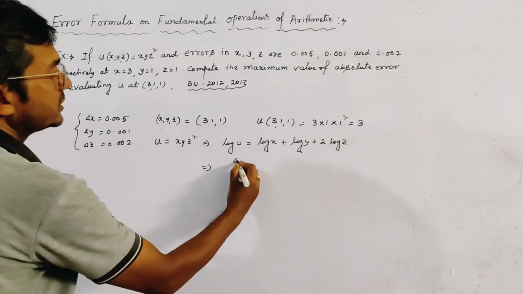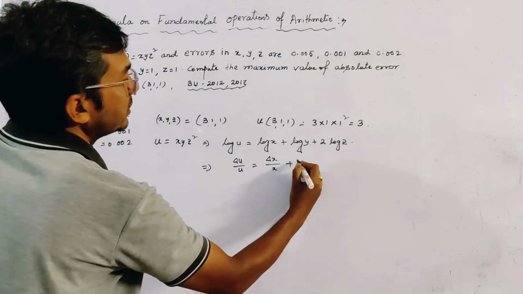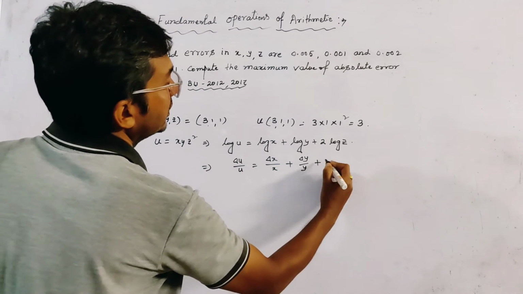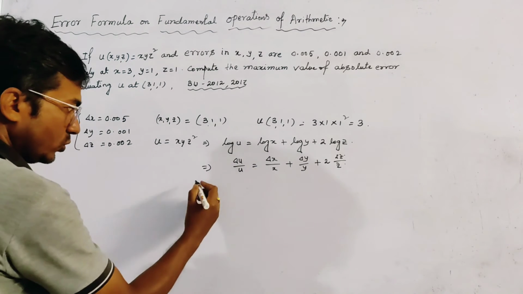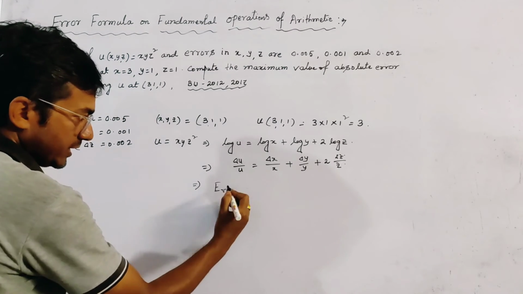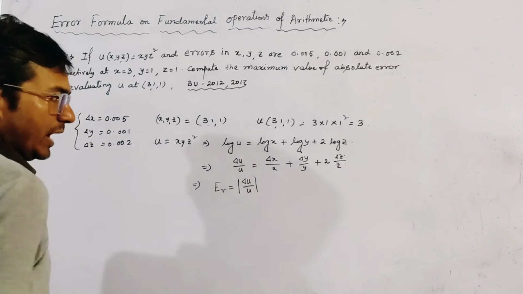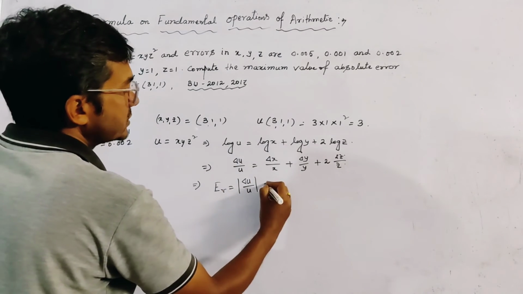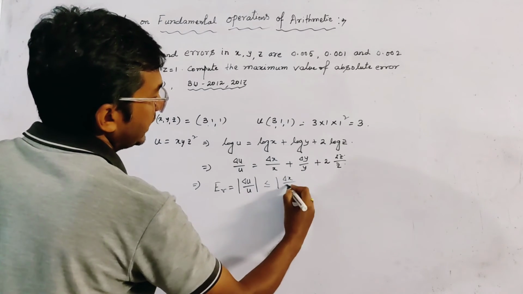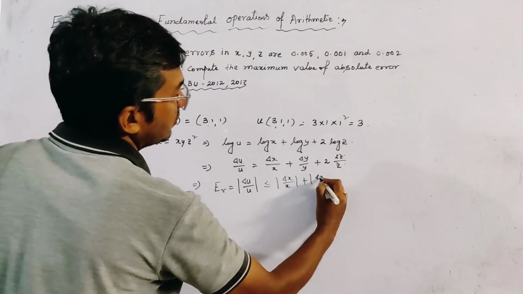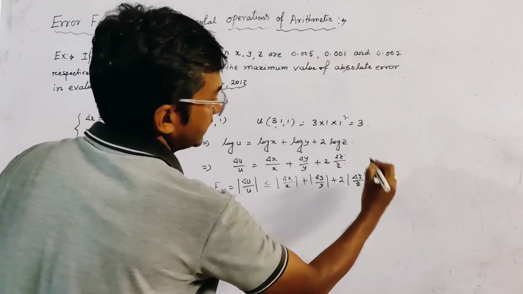This relation gives delta u by u = delta x by x + delta y by y + 2 delta z by z. The relative error ER is mod of delta u by u, whose maximum value is ≤ mod of delta x by x + mod of delta y by y + 2 into mod of delta z by z.